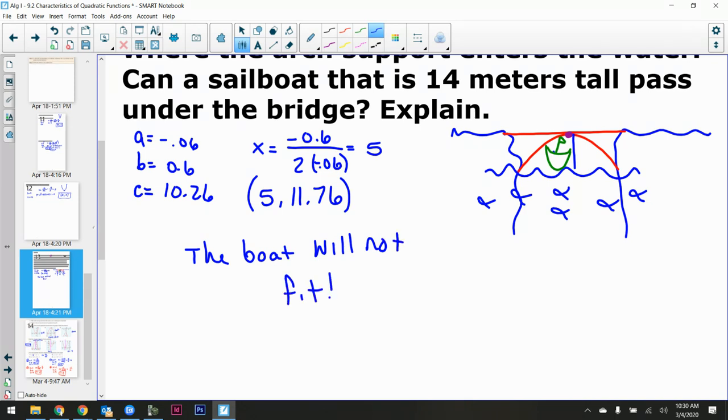Okay. Questions about that? There are going to be a lot of times when I calculate the vertex of a parabola during a word problem. Don't confuse this with it. We're still just doing that exact same process of finding the axis of symmetry and then plugging it in.